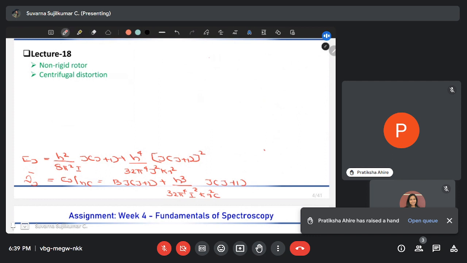So we represented it as nu bar j is equal to Bj into (j plus 1) minus 4b cube by nu bar square j into (j plus 1) the whole square, where b is given by h by 8 pi square Ic, right?